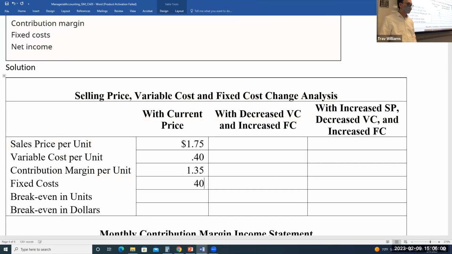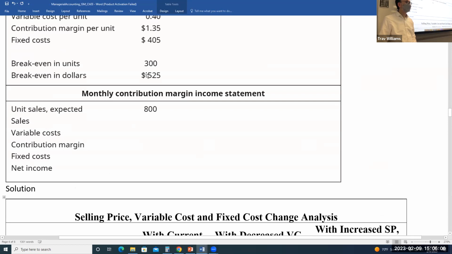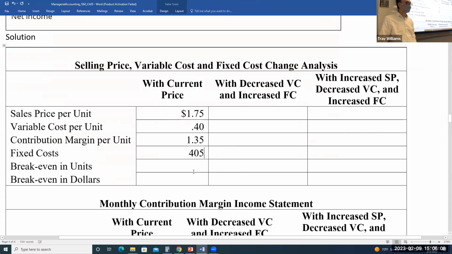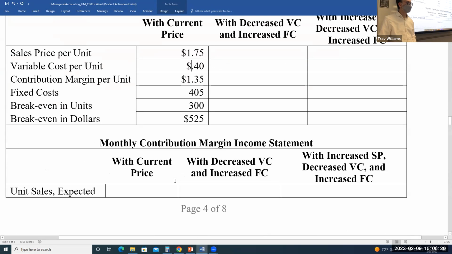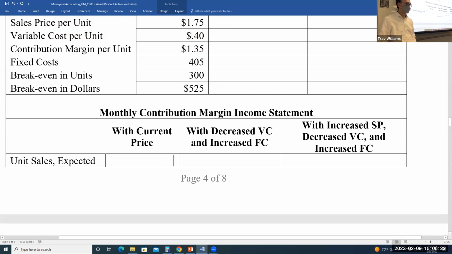And then fixed, what's that? 405 is the fixed costs. Break even, they already gave us, is 300 units and $525. And I'm just going to put dollars here so it's clear. And then they also said they were expecting 800 units to be sold. Okay, so there's our starting data.